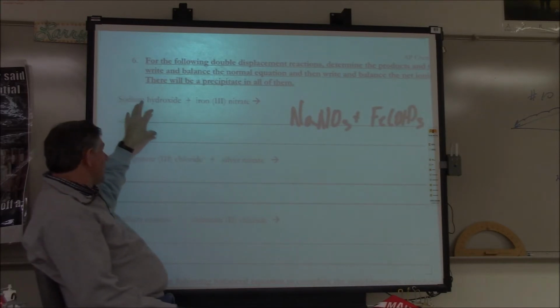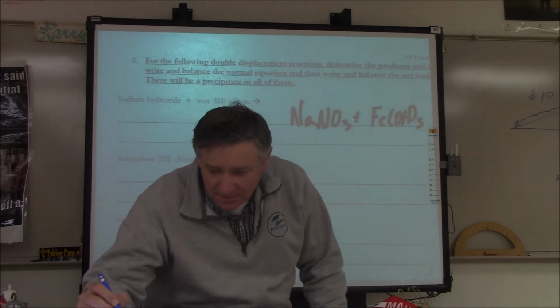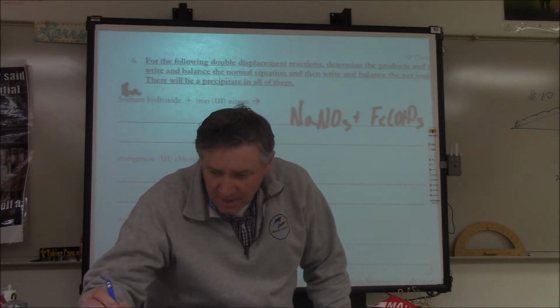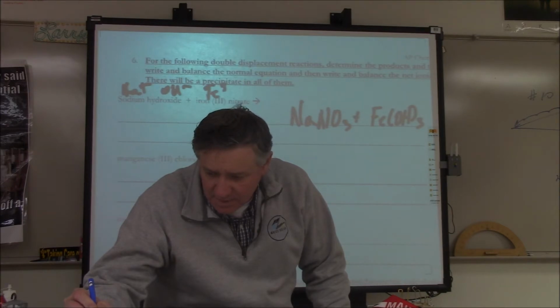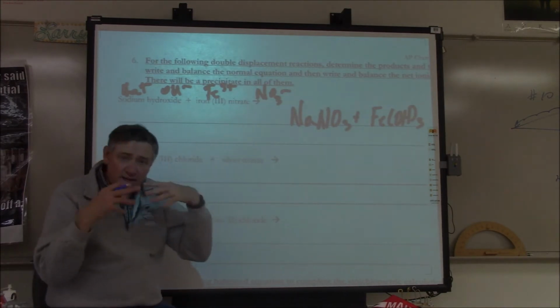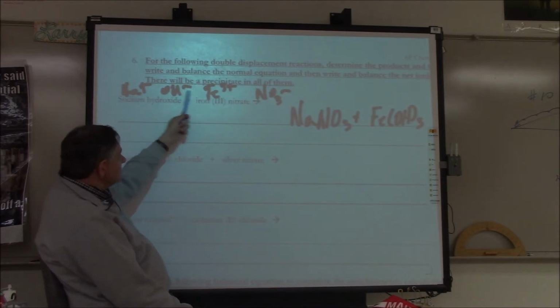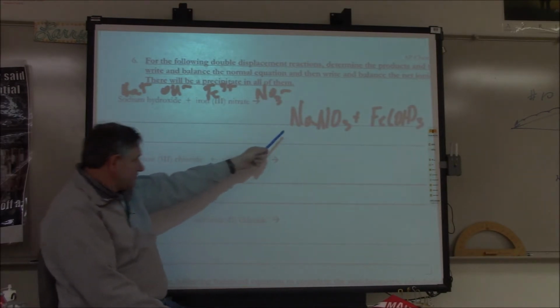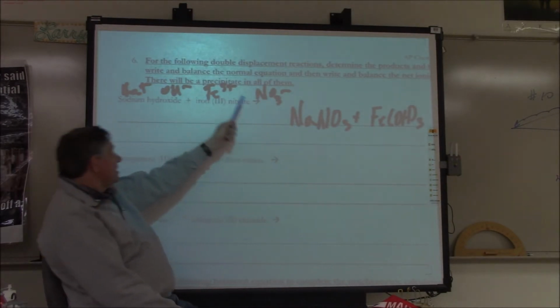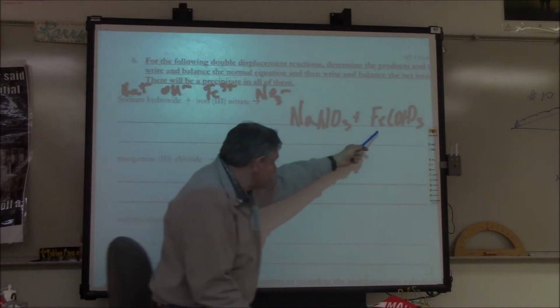What's happening here is that they're actually existing as sodium ions, and hydroxide ions, and Fe3+, and NO3 1-. So this is how these are actually existing in the chemical reaction. So the sodium is going to hook up with the nitrate, which is how you get the NaNO3, and then the Fe3+ is going to hook up with the hydroxide, and that's how you get this.